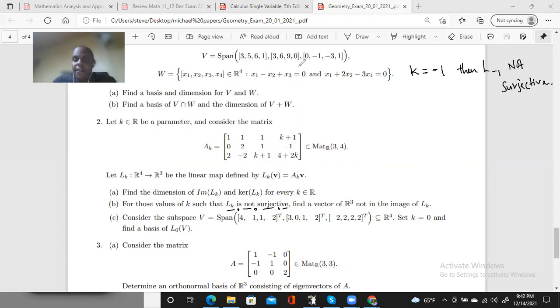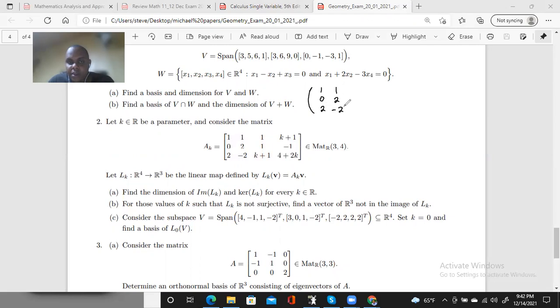And we also saw that L -1 can be written as 1, 0, 2, 1, 2, -2, 1, 1, 0, 0, -1, 2.